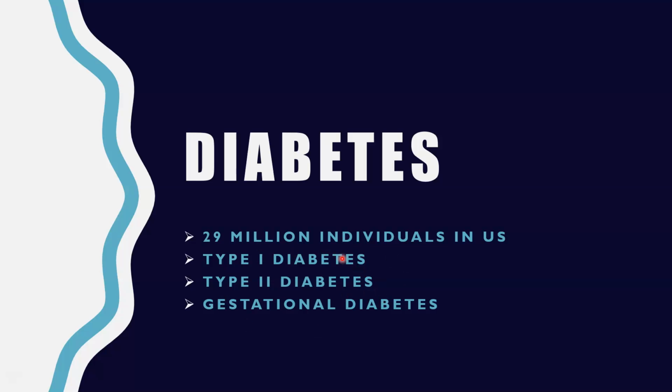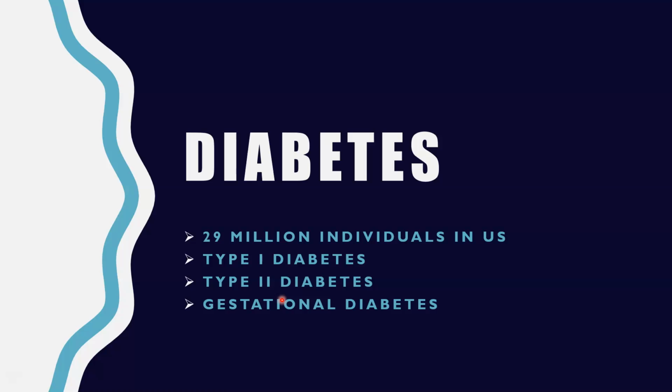Type 2 occurs over time, and it can occur at any age, associated with obesity and excessive sugar intake, where insulin resistance occurs, or the pancreas does not produce enough insulin, leading to chronic hyperglycemia.